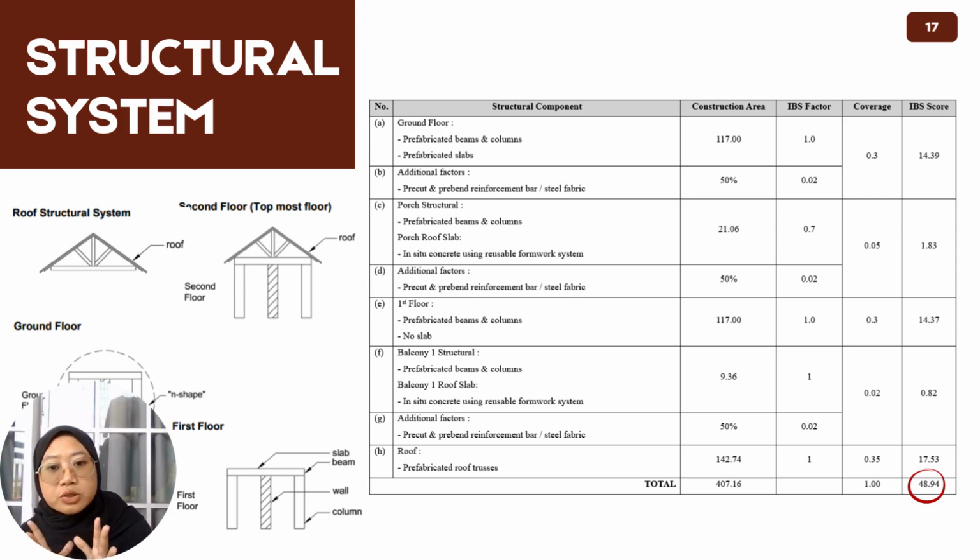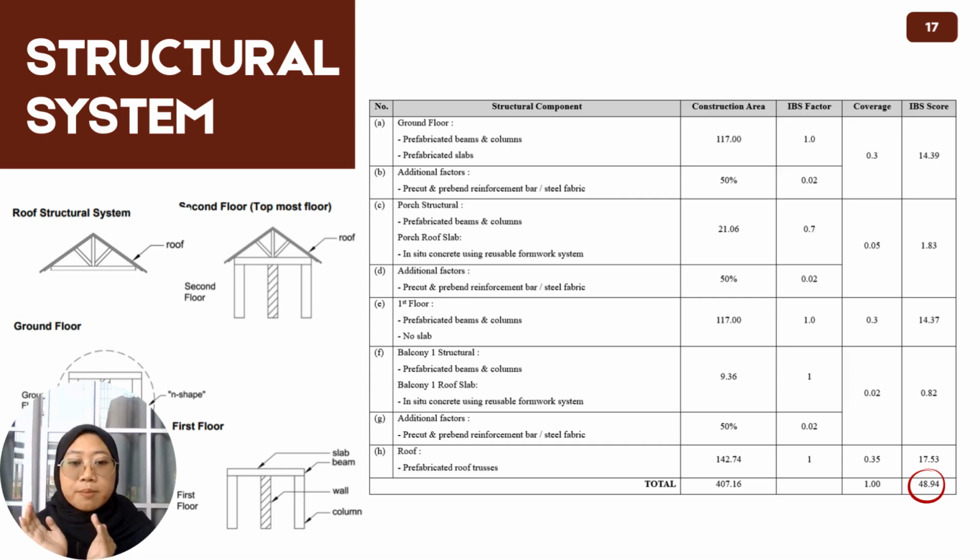And then for the first floor, we use the same types of beam and column, but no slab. So the IBS factor is also 1.0. And then the balcony is the same as the porch, with IBS factor 0.7.